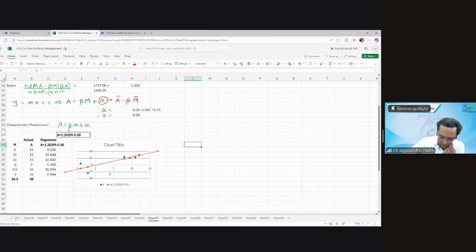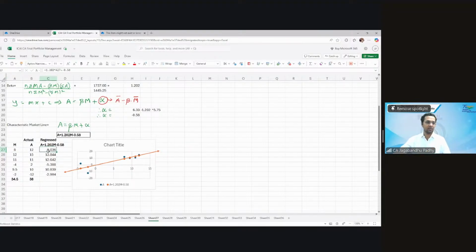And of course, the thing that we observe is the actual returns and the estimated returns. Are they equal, or is there some difference between them? The actual return and the estimated returns, are they the same? No, there is a difference.